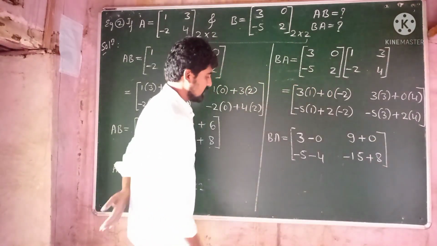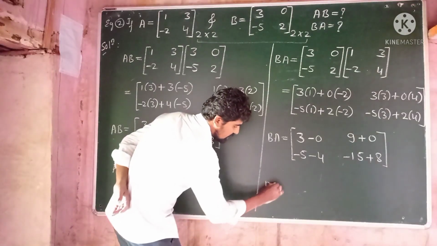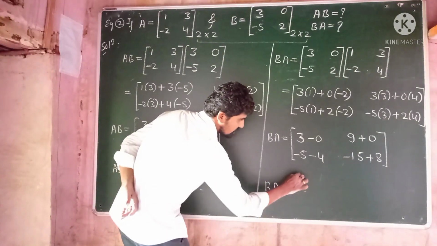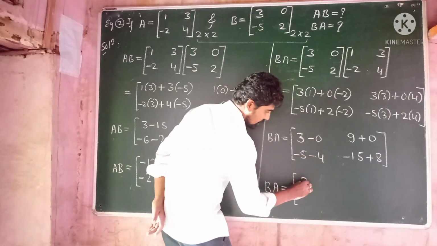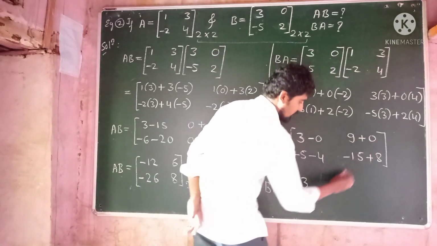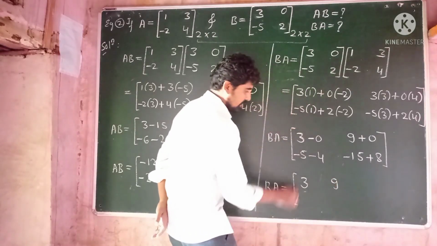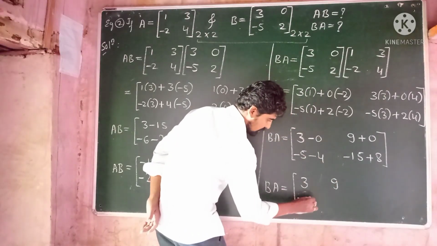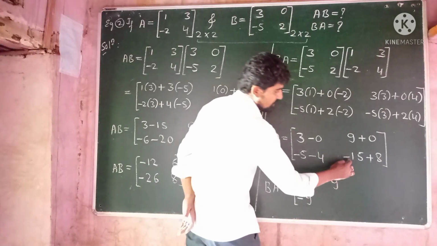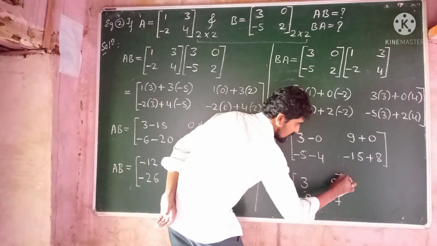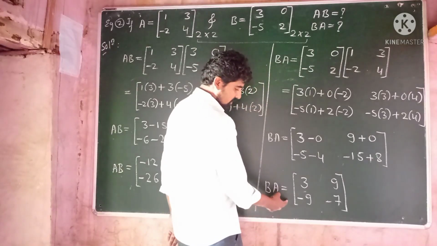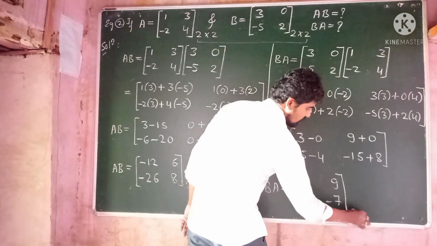I hope all of you understand it. Therefore, the required BA matrix is equal to 3 minus 0, 3, 9 plus 0, 9, minus 5 minus 4, minus 9, minus 15 plus 8, minus 7. And the order of this matrix BA is also 2 cross 2.